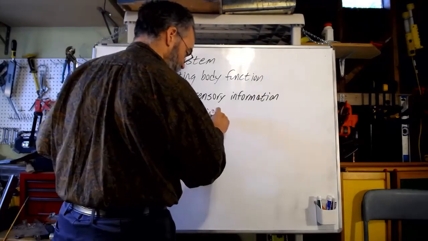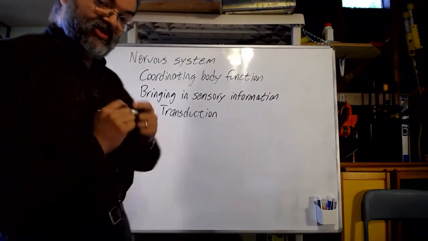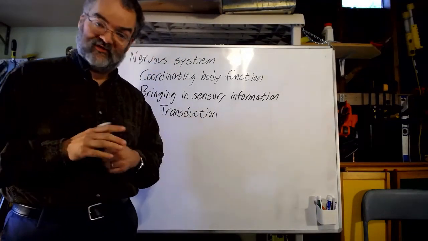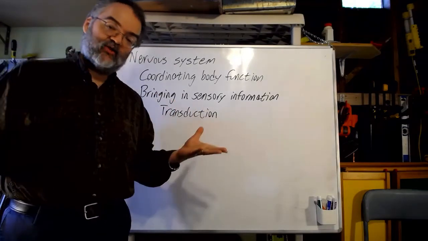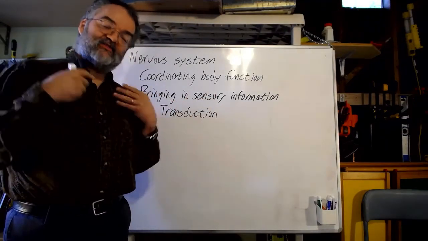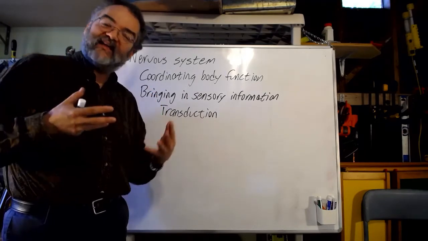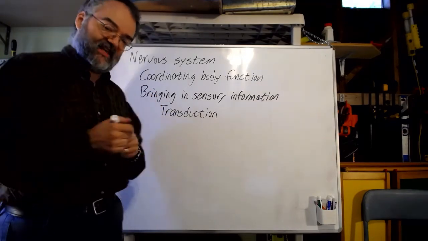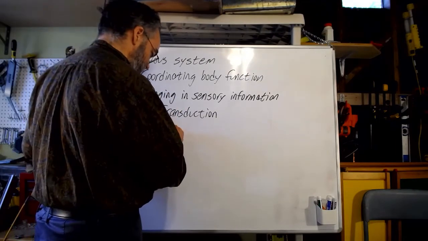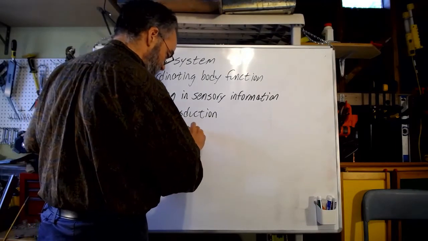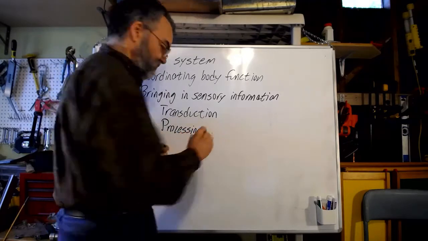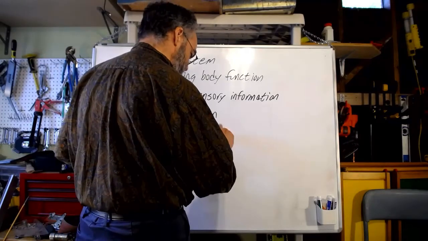That's a job of the nervous system, to take information and turn it into patterns of nerve signals, and then to take those nerve signals, transmit them to the central nervous system. The central nervous system has to recognize patterns. It has to process that information and figure out what it means. So that's a matter of processing and pattern recognition.